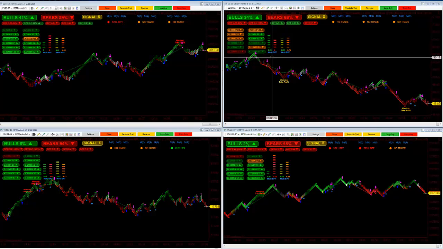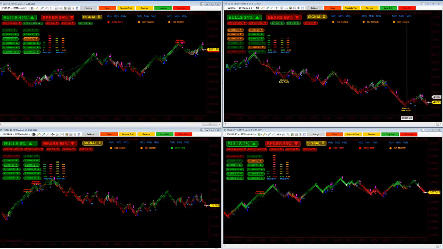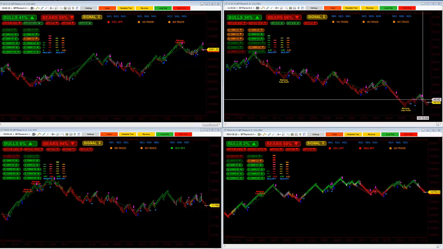When the signal fires, it will not plot on the chart. It has to go through the BBT next generation algorithm and evaluate the signal before the signal plots on the chart. We are the only ones who have this.